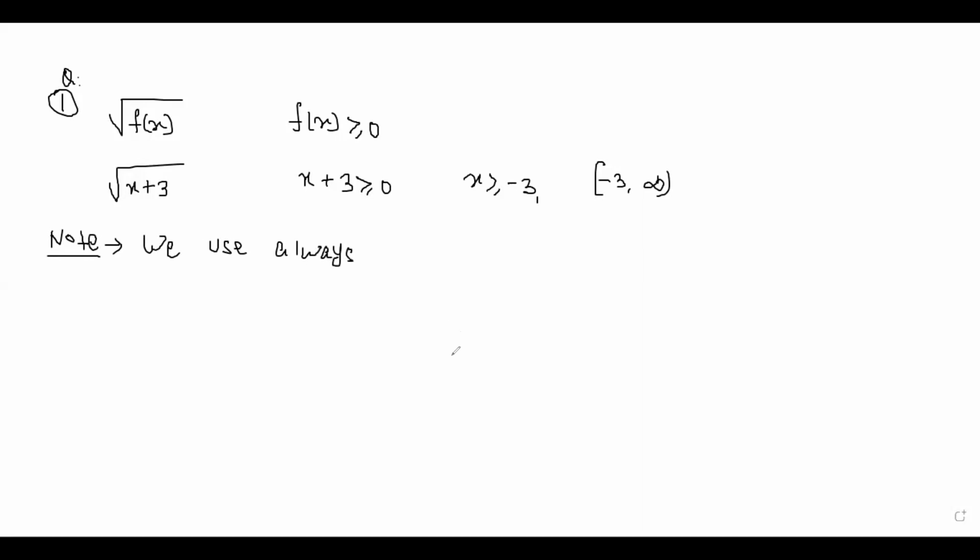Rishita, you know about the close bracket and open bracket? Yes, sir. Okay, no problem. And we always use open bracket for zeros of the denominator and plus infinity and minus infinity.